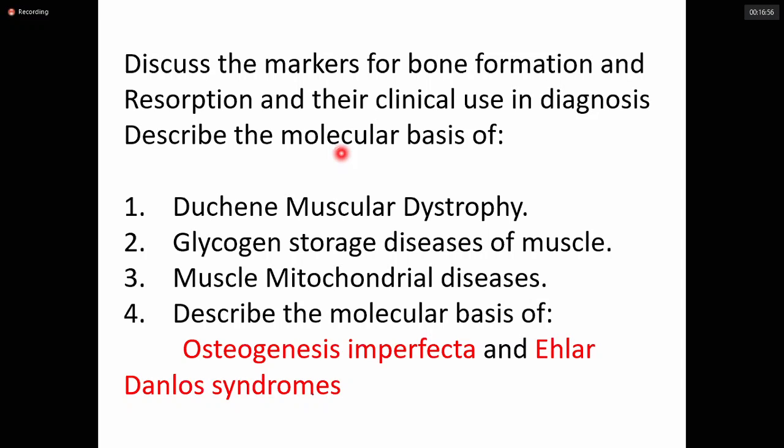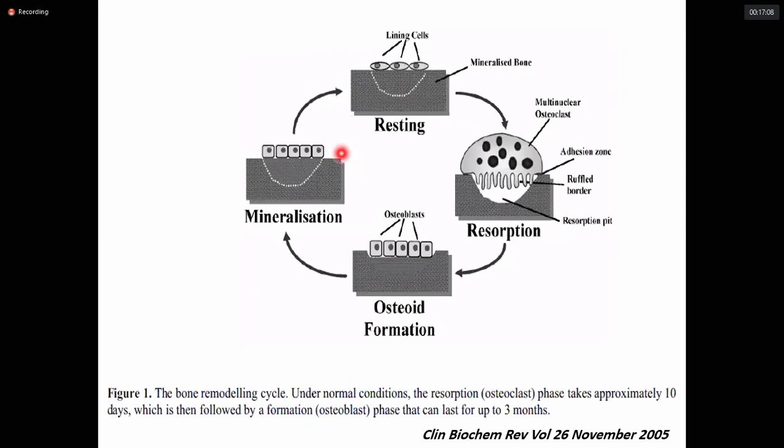And we will talk about osteogenesis imperfecta again, and we will add what's called Ehlers Danlos syndrome, which is the stretchy skin syndrome. As we learned before, the bone is a dynamic structure. We have a mineralization or formation process, as well as a resorption process of the bone, that rely on the presence of osteoblast as well as osteoclast cells, and this is a normal process.